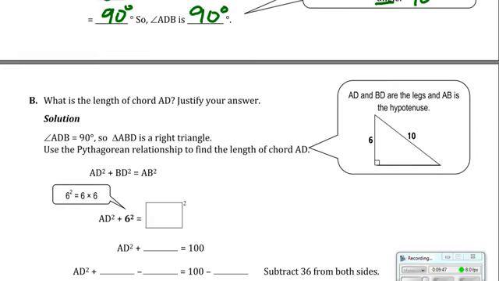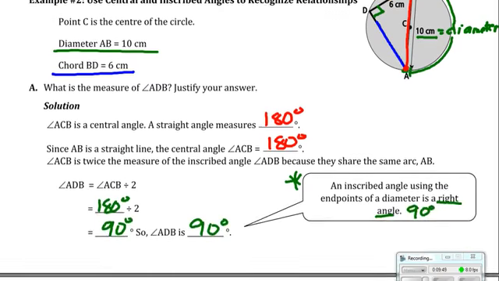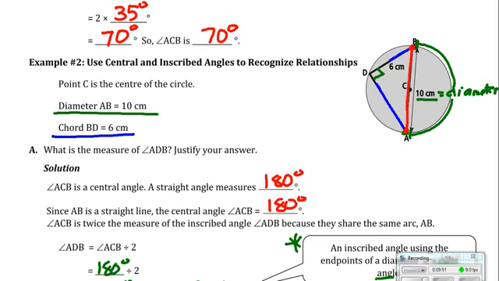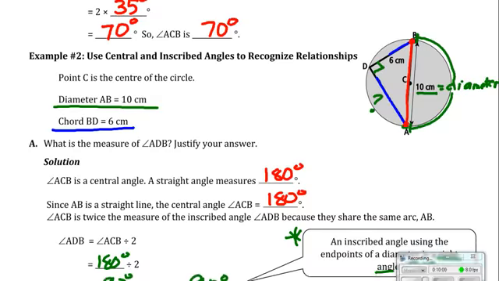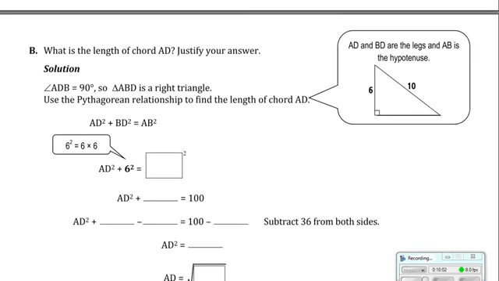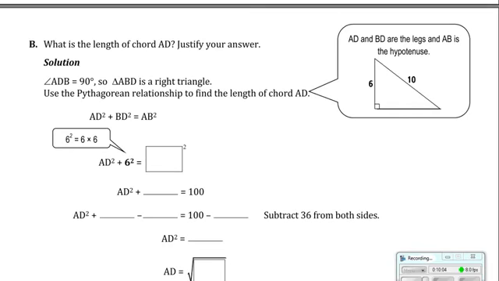Okay, the next thing they want to know is what is the length of A to D? So they want to know what that length is. Because we have a right triangle and we know 2 other side lengths, we can use the Pythagorean theorem. On your notes, I've recopied the triangle down. This is the length that we want to know.